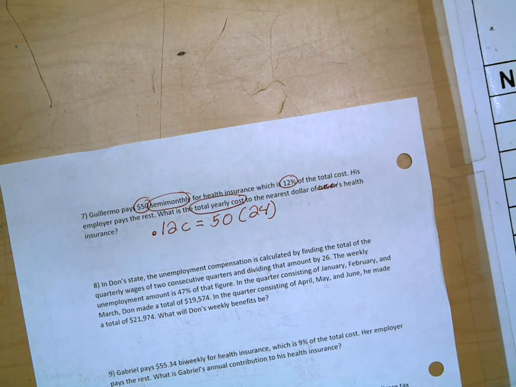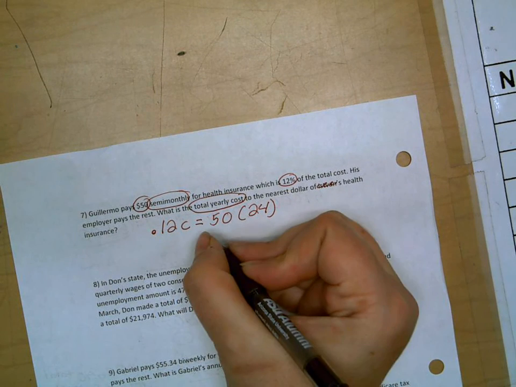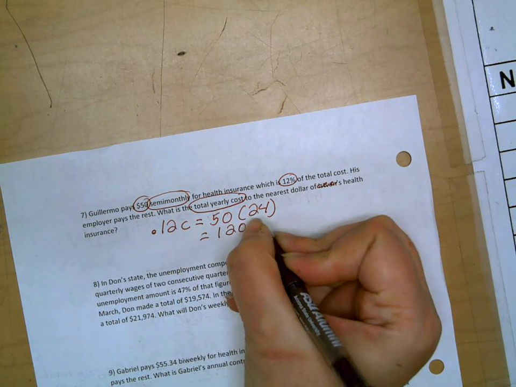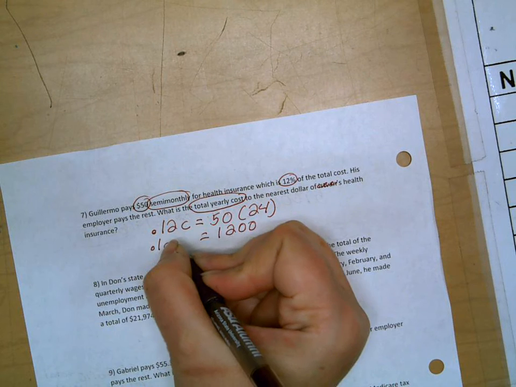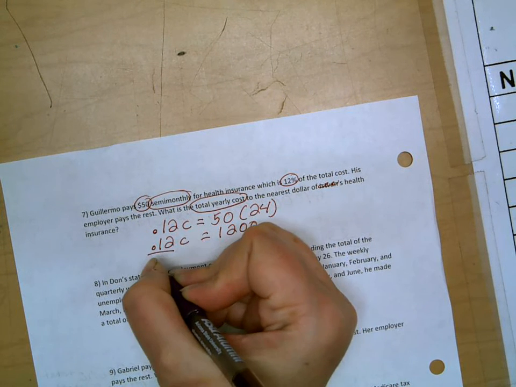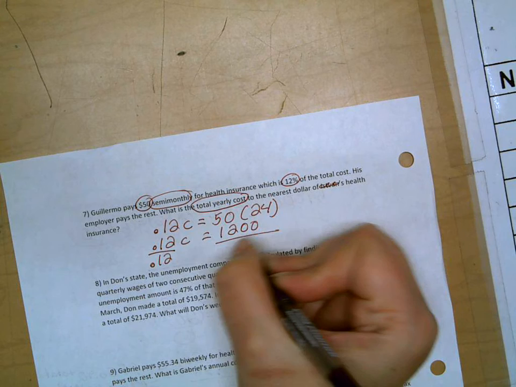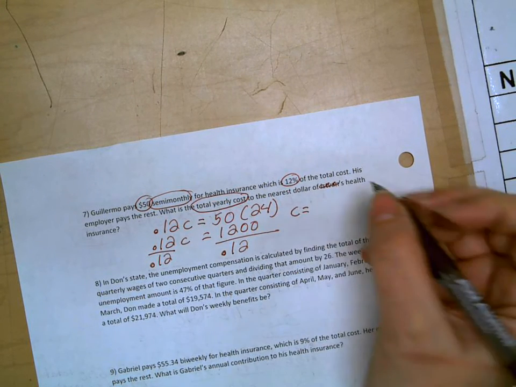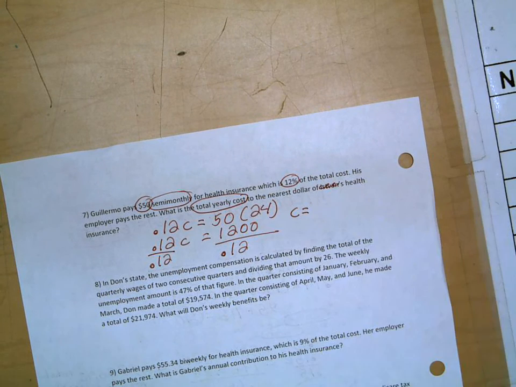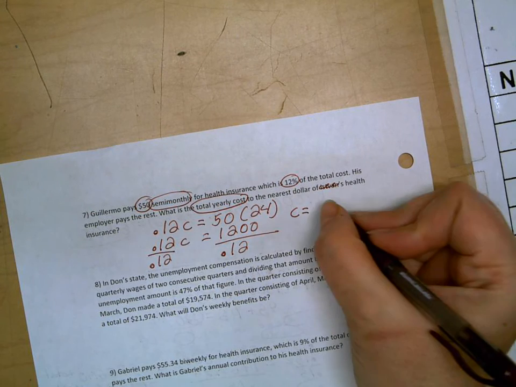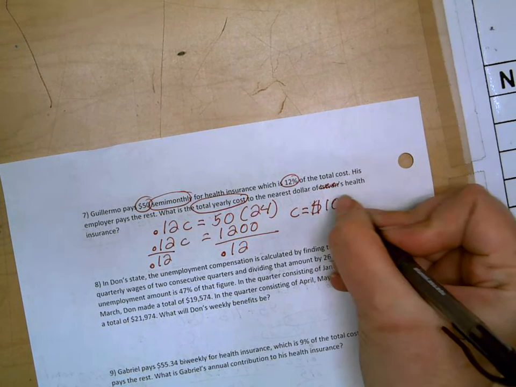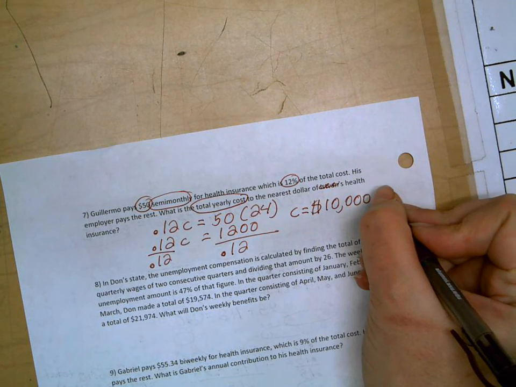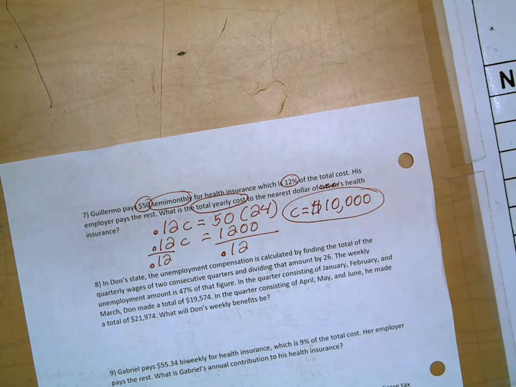So go ahead and multiply 50 times 24. So we get 1,200. And we divide that by 12% as a decimal. Okay, so we get the cost is equal to $10,000. So for Guillermo's health insurance, the total yearly cost is $10,000.